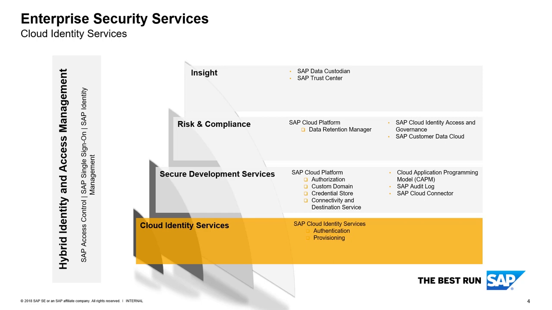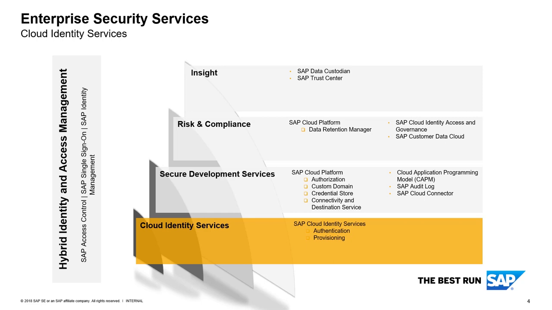Let's start with the Cloud Identity Services. When starting to develop or design a new cloud application, introduce new software as a service solutions, or creating business extensions, the first security questions are: where is user information stored? How to enable single sign-on? How to synchronize user information?